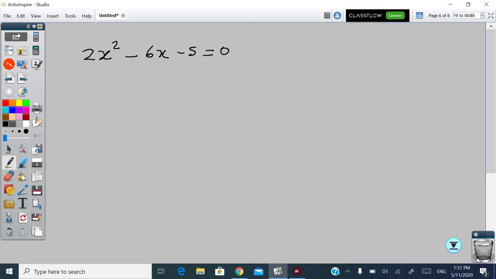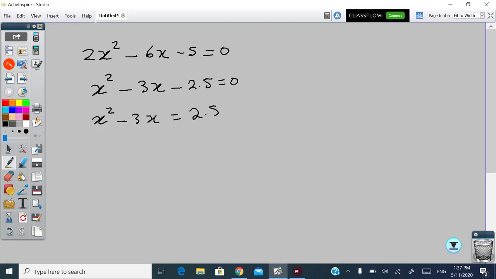In order to solve this, I have to divide through by 2 first, because I need the x squared term to have a coefficient of 1. So if I divide through by 2, I get x squared minus 3x minus 2.5 equals 0. No problem with the fraction. I have a constant that I need to send to the right hand side. So x squared minus 3x is equal to 2.5.